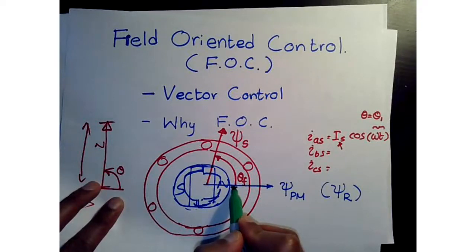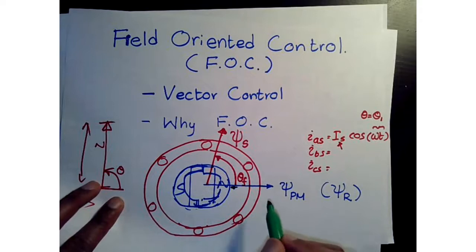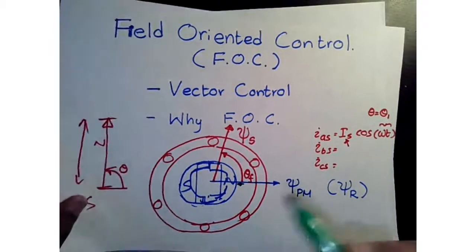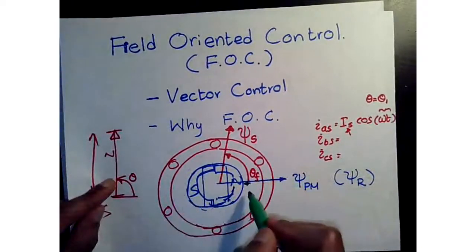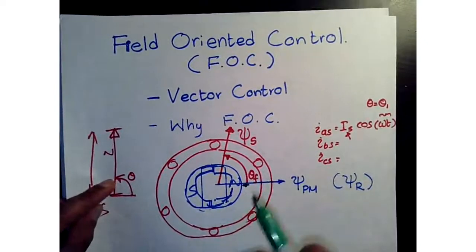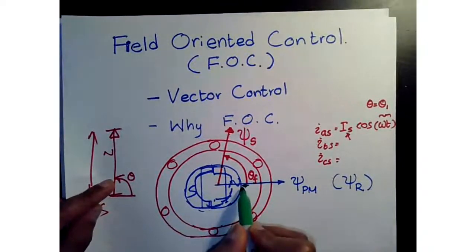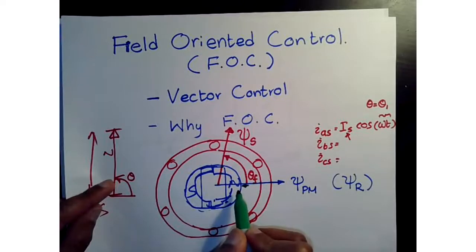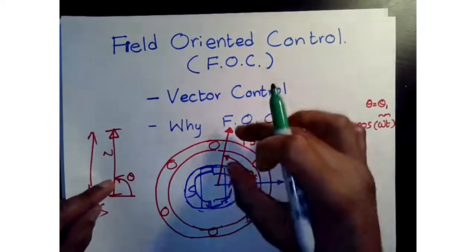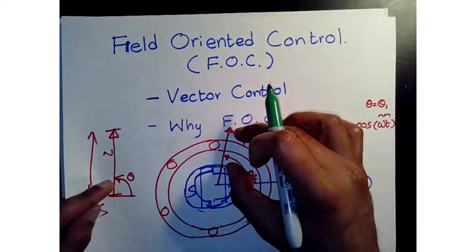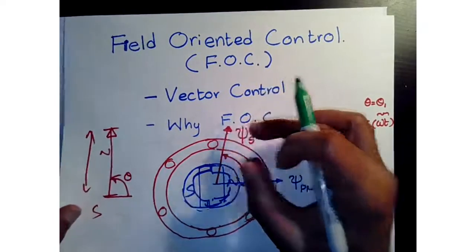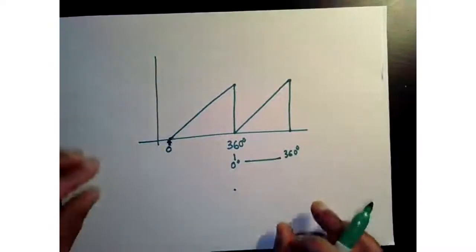When you do that proper alignment, as the rotor rotates, it will accurately tell you what the orientation of the rotor or the magnets is, so that you can generate your stator flux. That's an important concept that you want to understand.